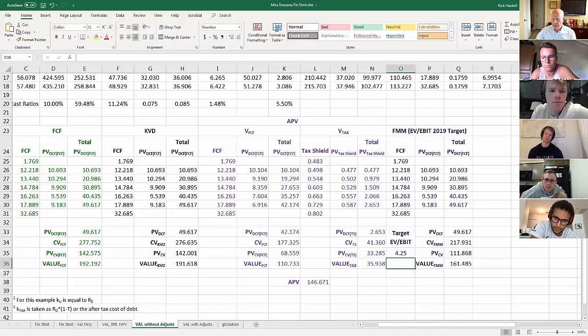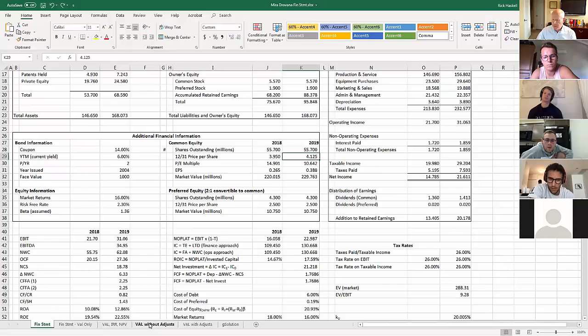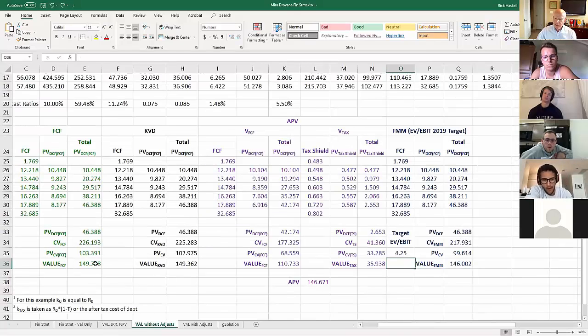So before we did that, let's come back. I think this will take us back to our numbers. Yeah. So we're at about 150 here, right? In other valuation models, and 146, 147, 150, we're in a pretty tight range.